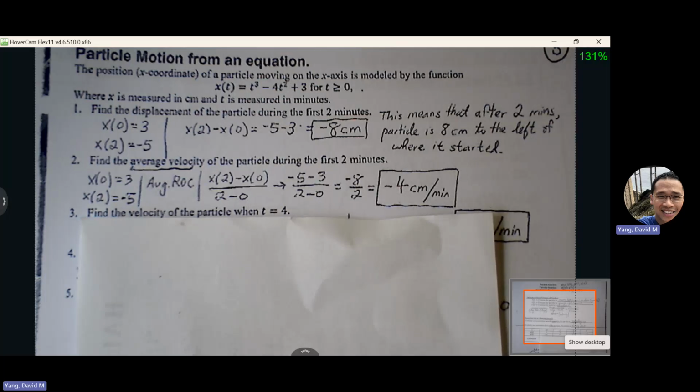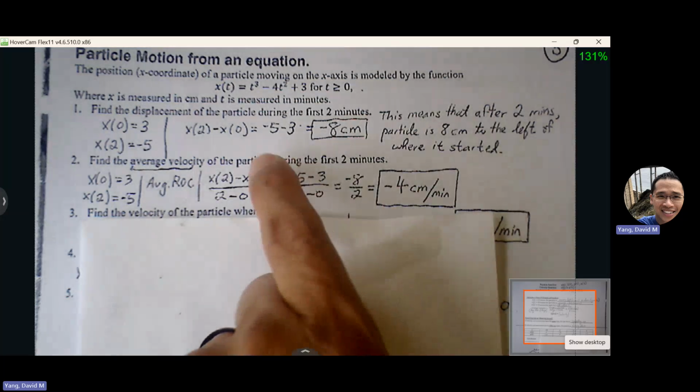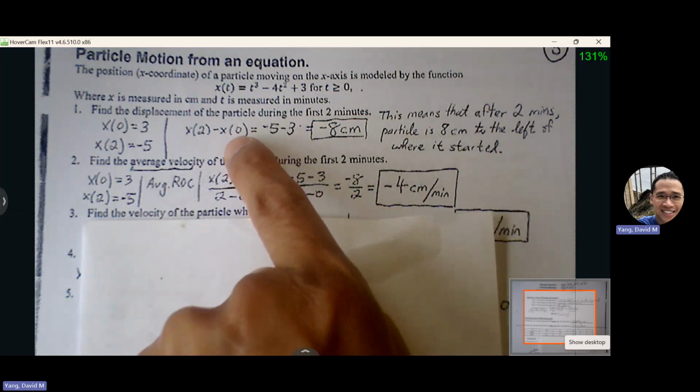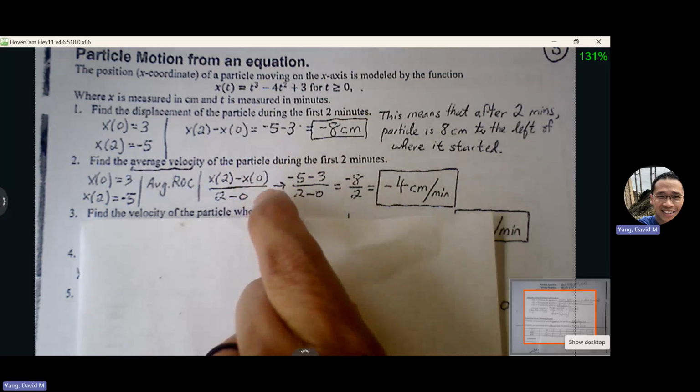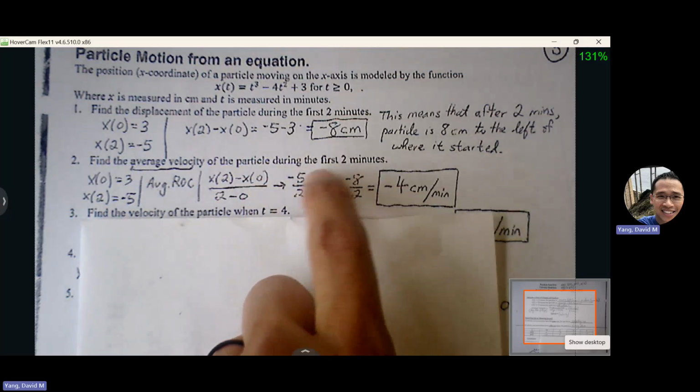Now look at how much displacement and average velocity look alike. Displacement has no time component. It is just the change in position. But average velocity, we do have a time component. It is a rate.